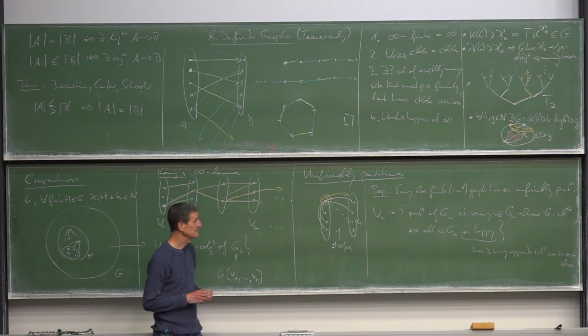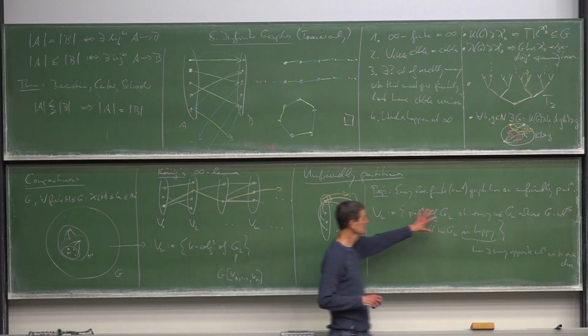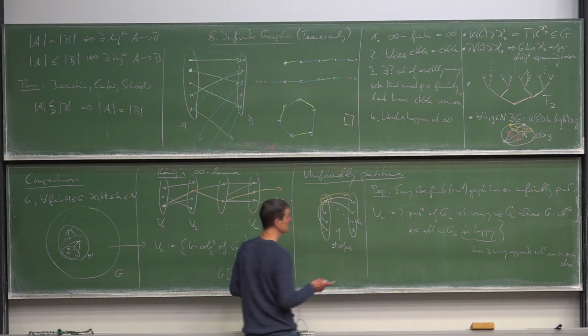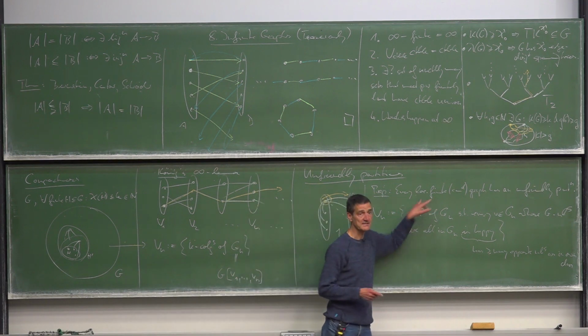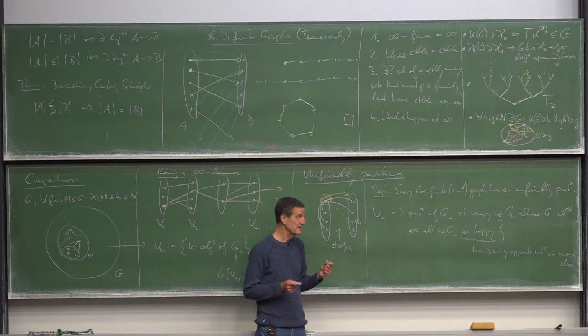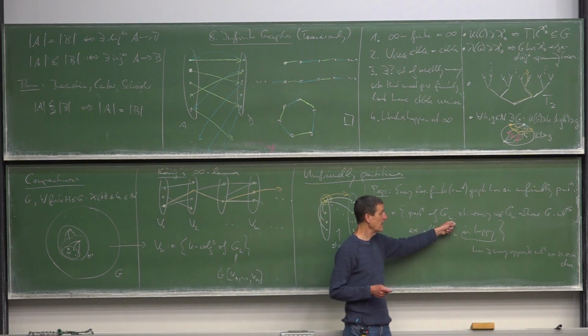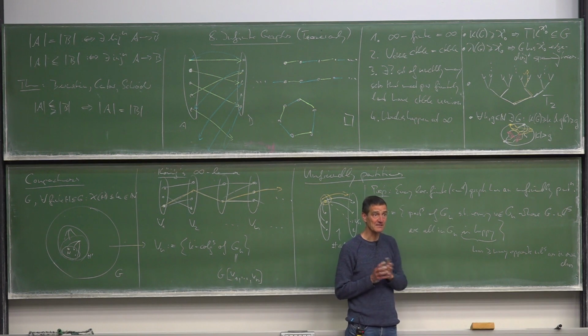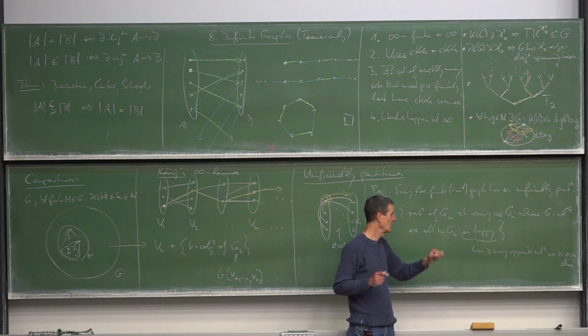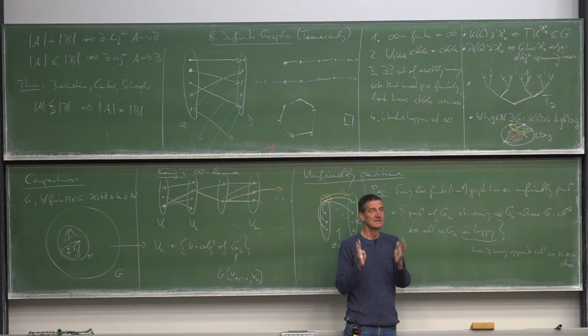And that's going to be an unfriendly partition, because since the graph is locally finite, every vertex has only finite degree. So for every little vertex, for n big enough, that vertex will have all its neighbors in this Gn. So in the yellow partition of that Vn, this vertex is already happy.